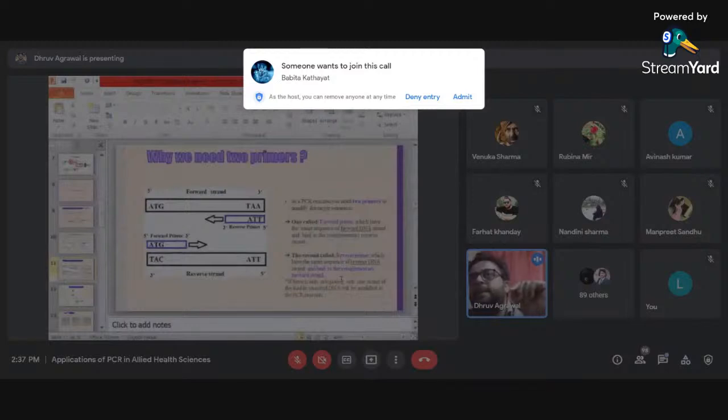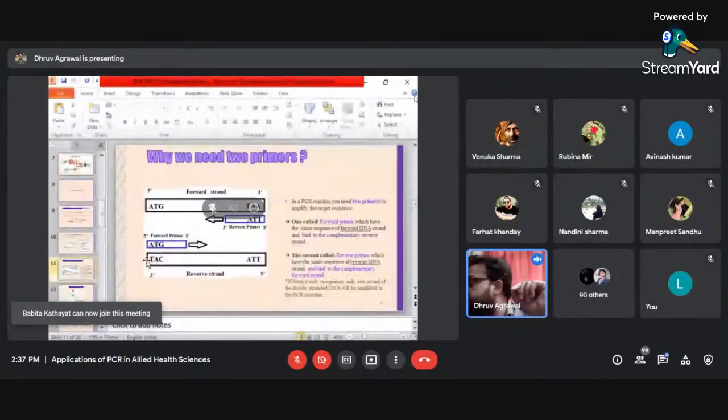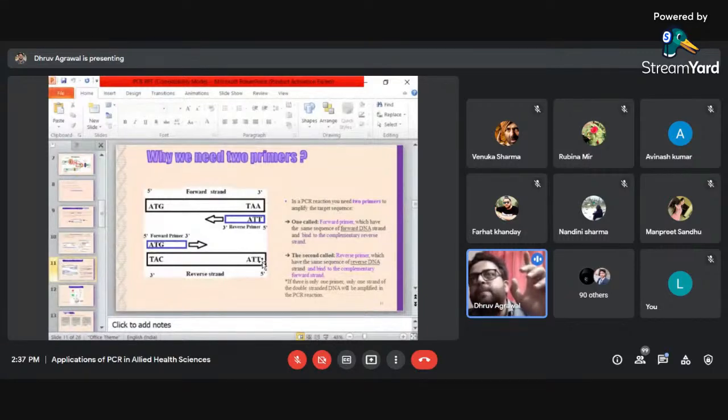Forward primer means that the sequence of this primer is similar to the forward strand of the DNA. Say this one moving from 5' to 3' is the forward strand of DNA, and the 3' to 5' direction is the reverse strand. Out of the two strands, one is the forward strand, one is the reverse strand, right? So the primer which has a sequence similar to the forward strand of the template DNA is referred to as the forward primer.